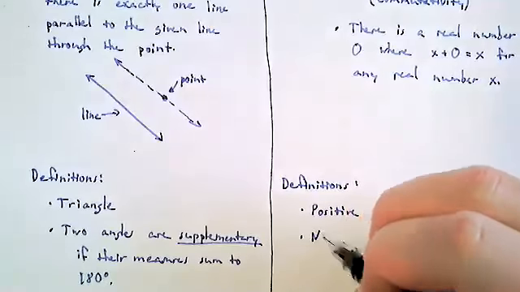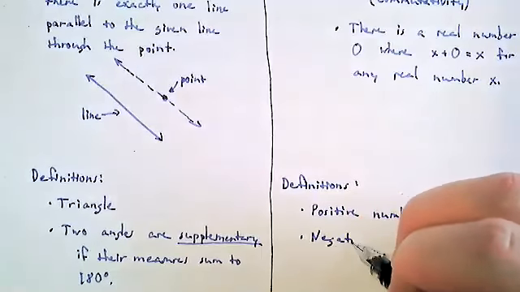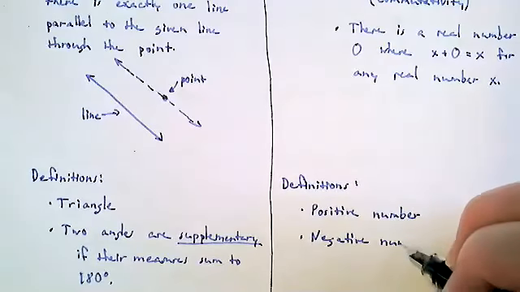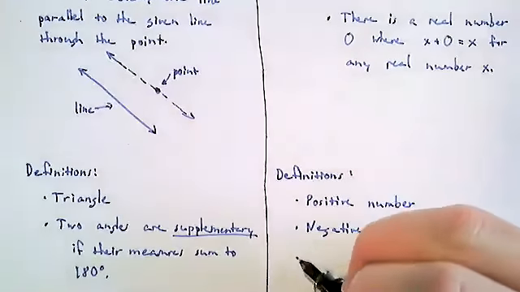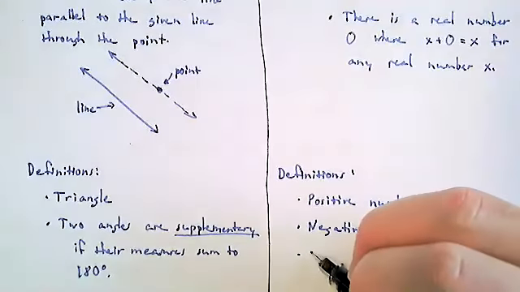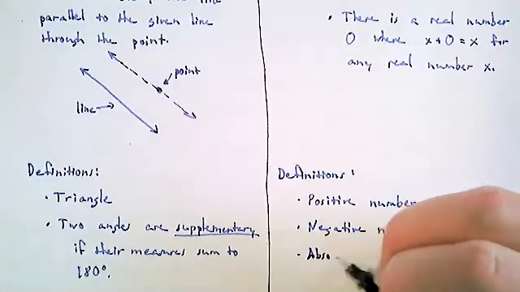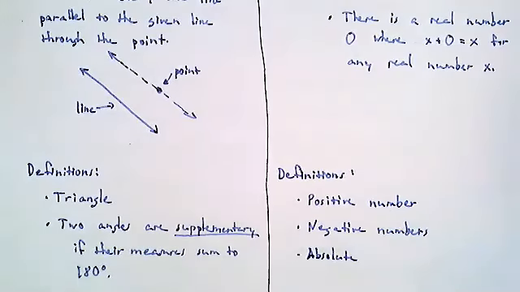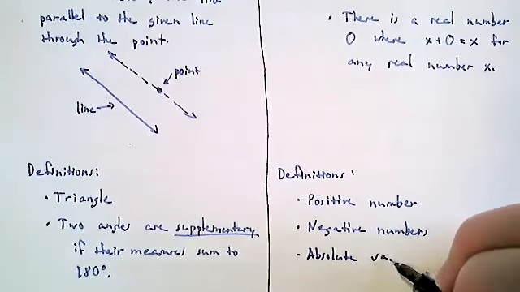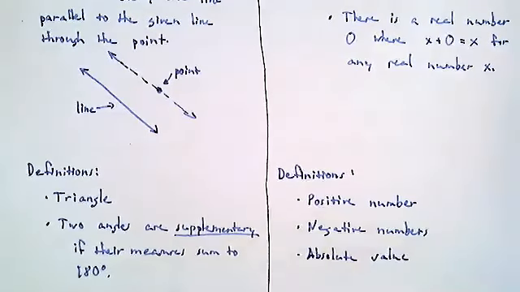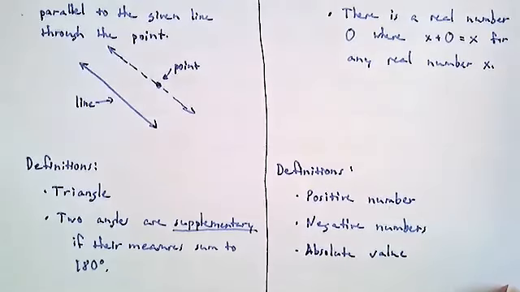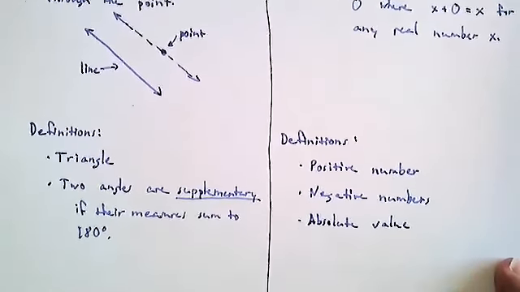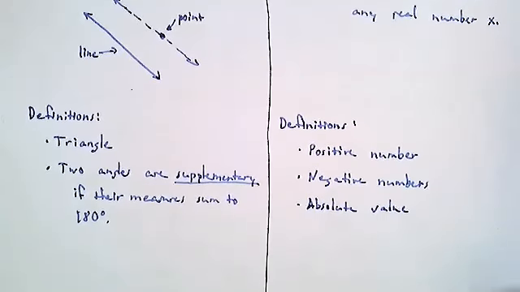And then there's negative numbers, numbers that are less than 0. And there's other ideas like absolute value. And I'm not going to write out the definitions for these since you guys already know them. Okay, and this list, both of these lists really, could just continue on for quite a ways. There's all sorts of definitions that you probably already know even.